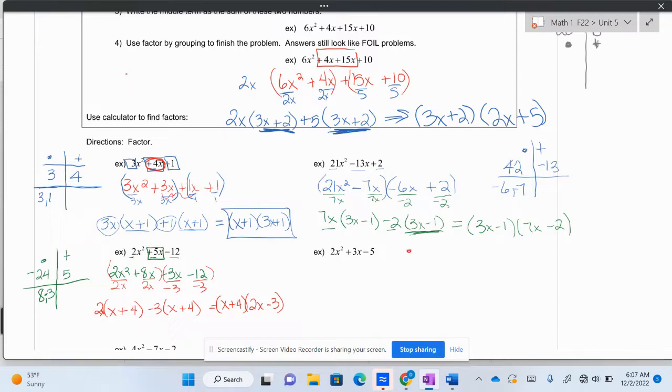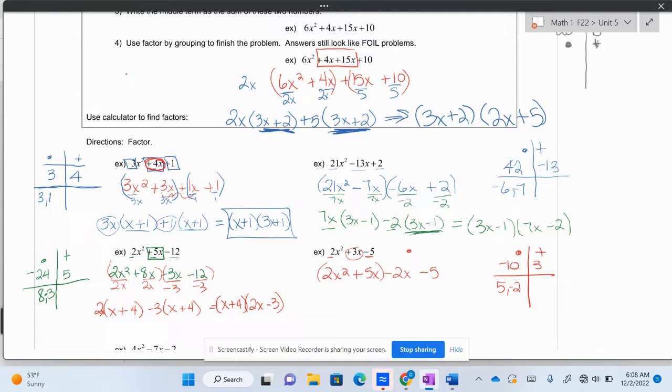All right, let's try it again. Times plus. What two numbers, A times C, multiply together to equal negative 10 and add together to equal 3? That looks like a 5 and a negative 2. 2x squared plus 5x minus 2x minus 5.